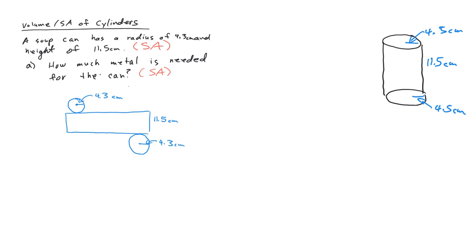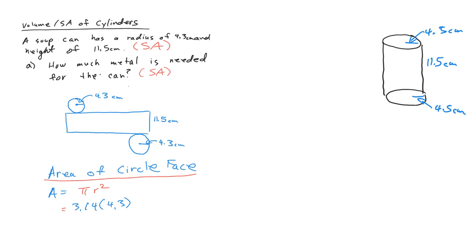So let's calculate the area of the circle face. The area of the circle face is calculated by using pi r squared, right? So pi r squared is going to be 3.14 times r squared, which is 4.3 times 4.3, which gives us approximately 58.1.